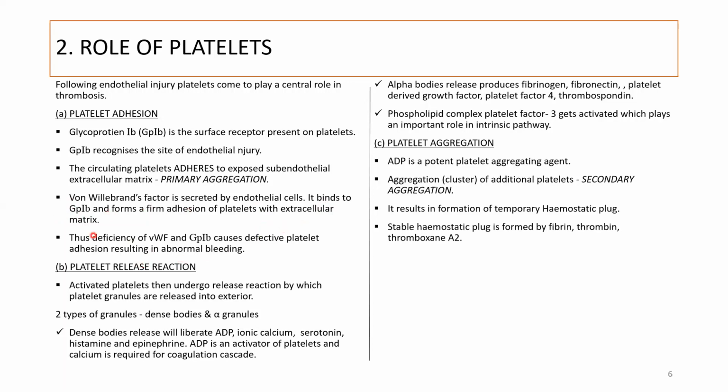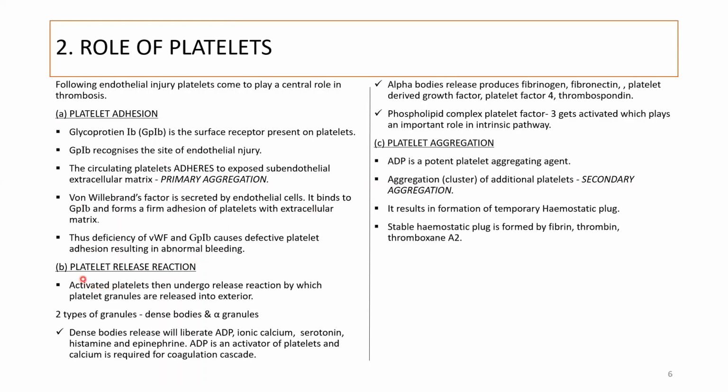This is the primary aggregation. If there is any deficiency in von Willebrand factor or glycoprotein IB, it causes defective platelet adhesion resulting in abnormal bleeding. There is no formation of primary aggregation, so there is no clot formation, which leads to abnormal bleeding.